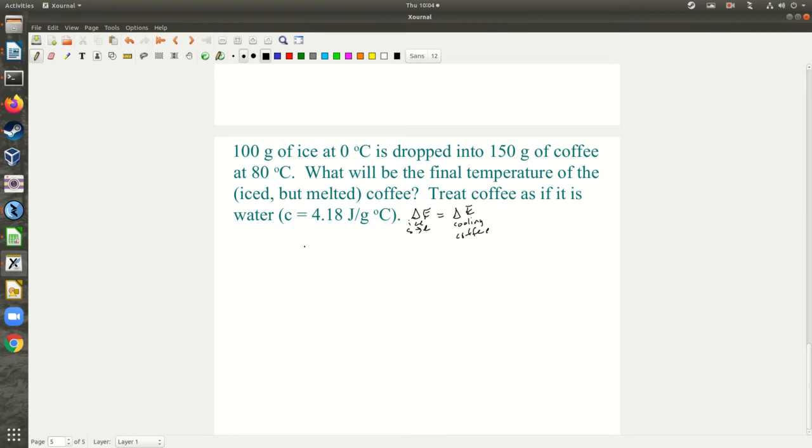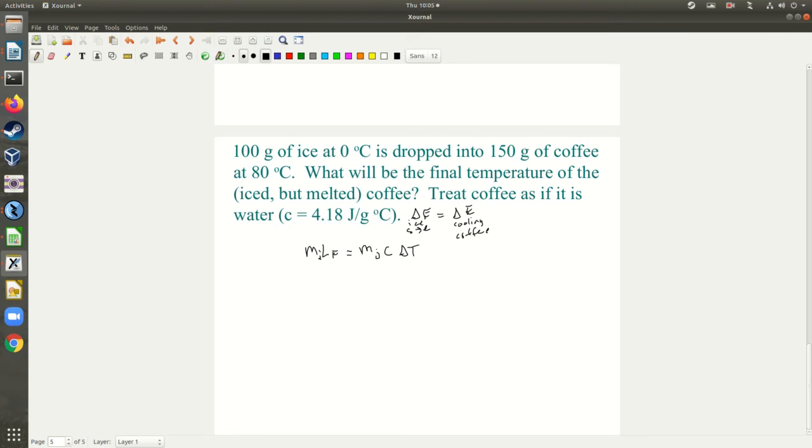So that's going to be M, and since it's ice, it's going to be LF, and I need to put M_I for ice, and then that's going to be M_C for coffee, C. That's a really bad idea. Coffee, Java, M_J for coffee, C, and then delta T. So I want to figure out what delta T is.